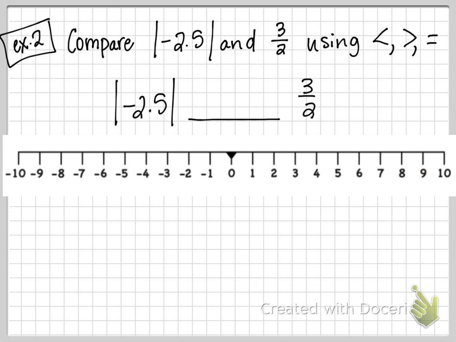Okay? First of all, if we simplify, if I sort of graph -2.5 on my number line, which would be right here, what is the absolute value of -2.5? Liam? 2.5. If I graph 3 halves, that's the same as what? 1.5, right? So that's going to be about right here. 1.5.